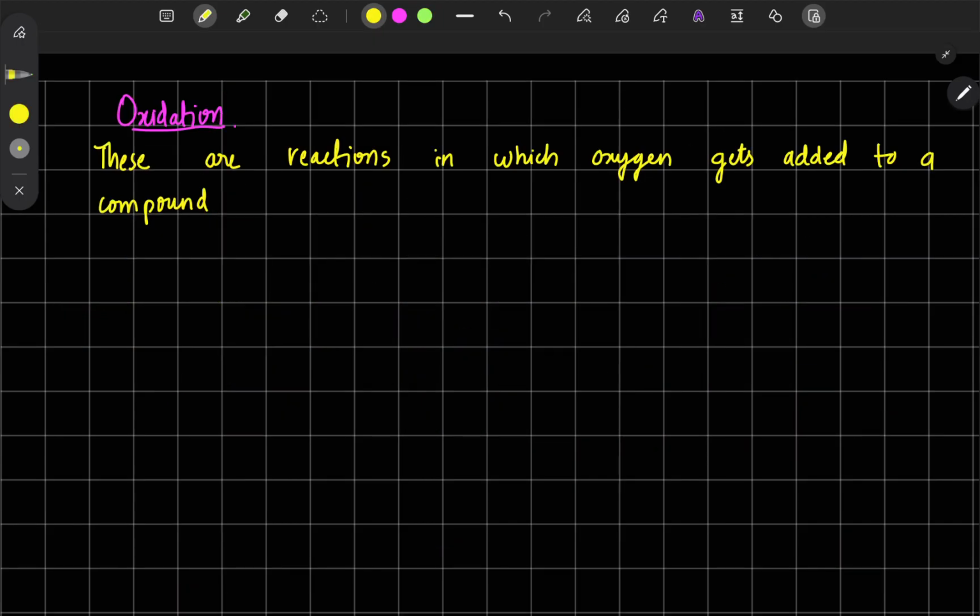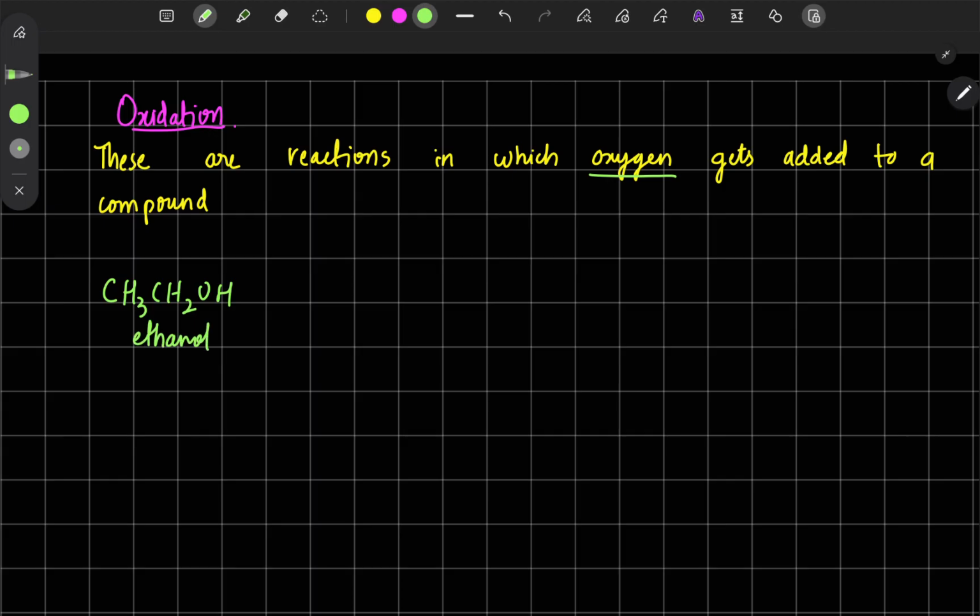So our second type of reaction is oxidation reactions. These are reactions in which oxygen gets added to a compound. In our textbook we are only studying the example of CH3CH2OH, which is ethanol.